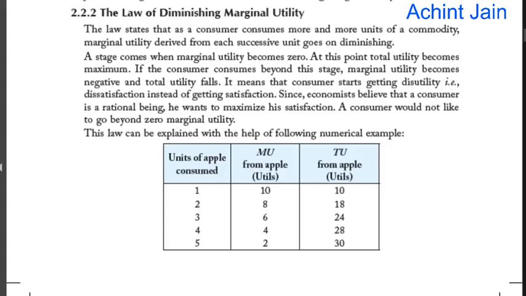In other words, we can say total utility first increases at a diminishing rate, reaches its maximum point, and then eventually falls. The law of diminishing marginal utility is a psychological law. Therefore, it is called a fundamental law of satisfaction, or in other words, the fundamental psychological law.